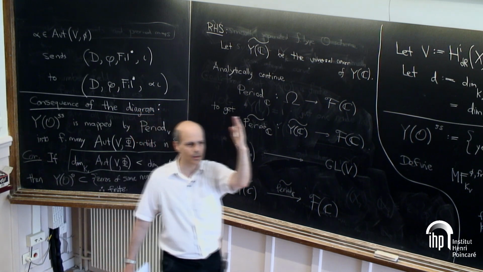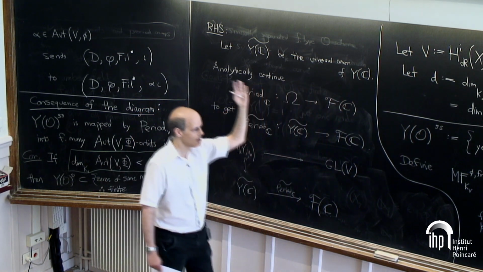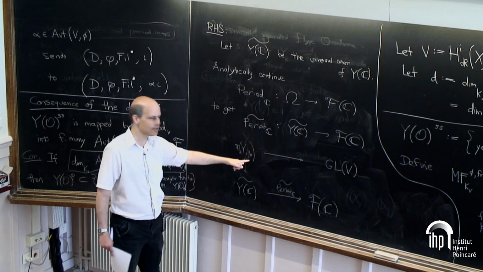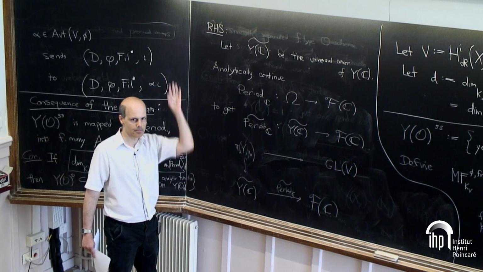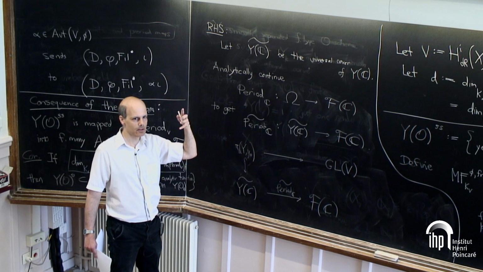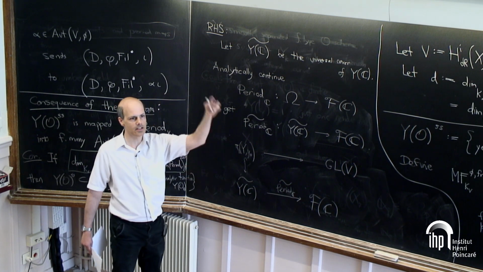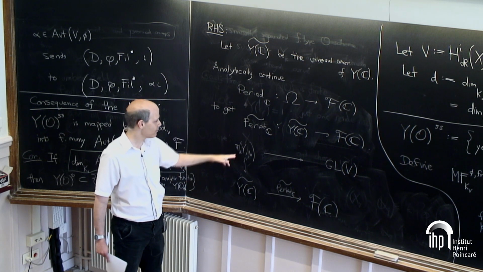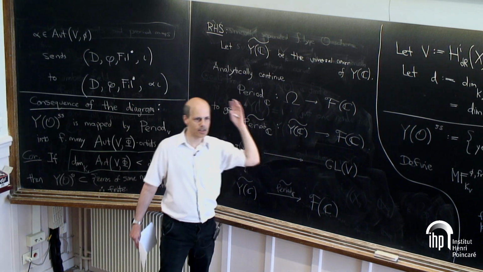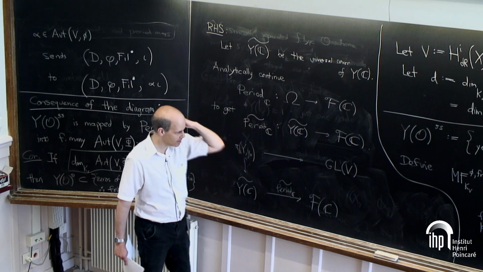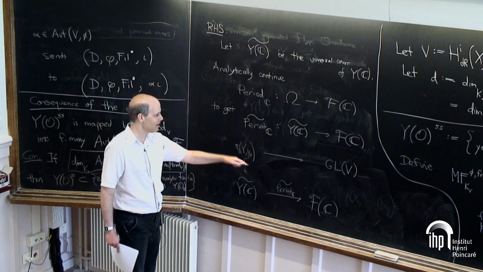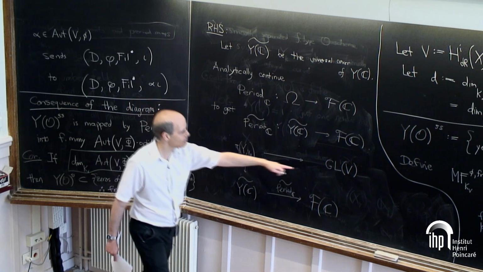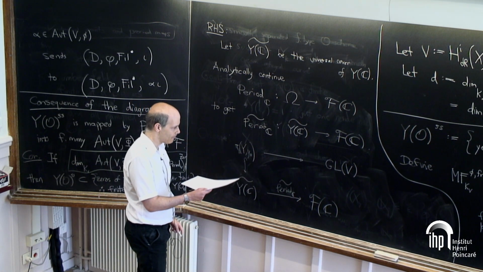You just follow the Betti cohomology around. But when you come back to Y0 at the end of the loop, you'll come back to the same vector space V, but your basis will have changed to a new basis, and therefore you get an element of GL(V) that measures the change. So that's the monodromy representation. Every loop gives rise to an element here.